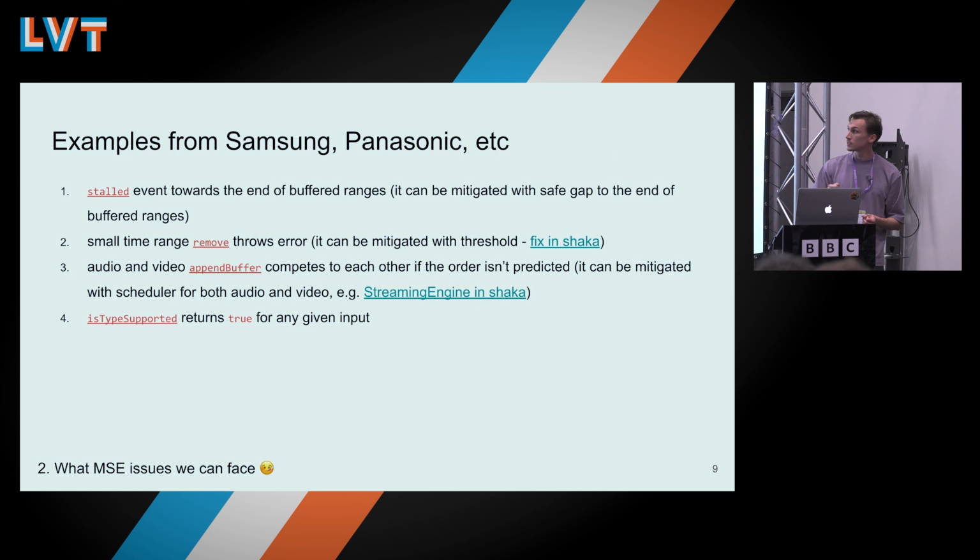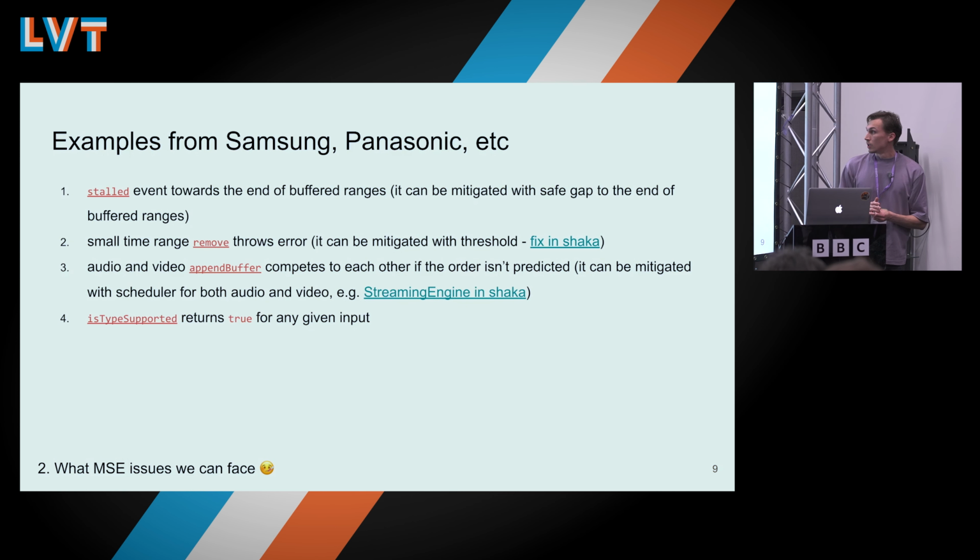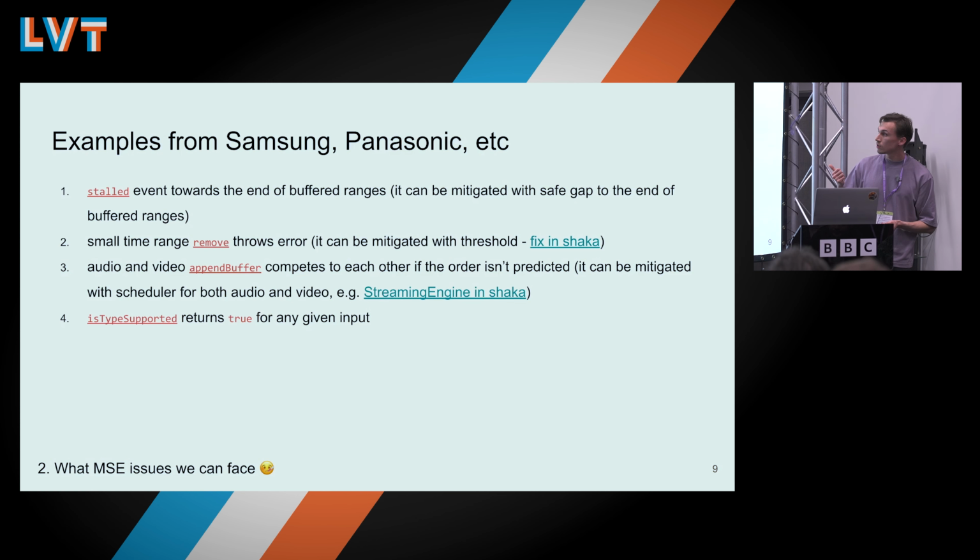The second and third examples are for the methods of the media source. You can have an error when you try to remove a small segment range, which you can tackle with a threshold.